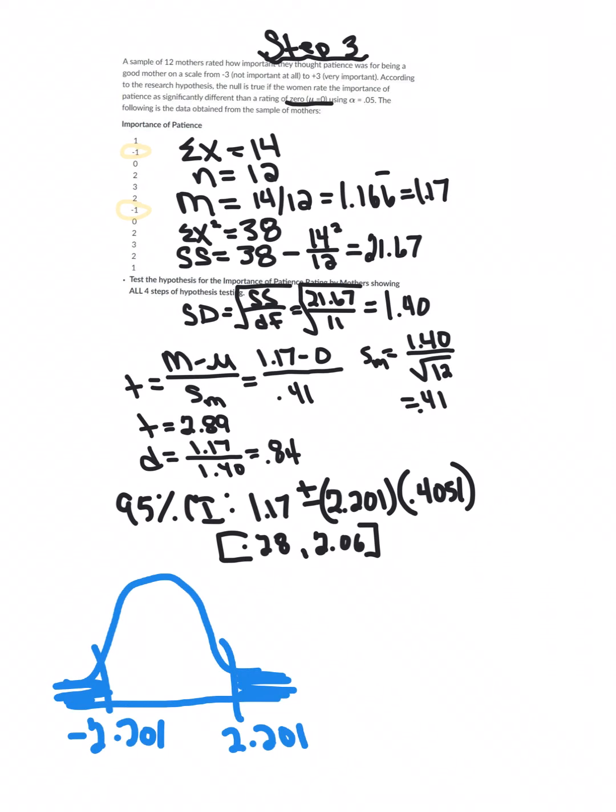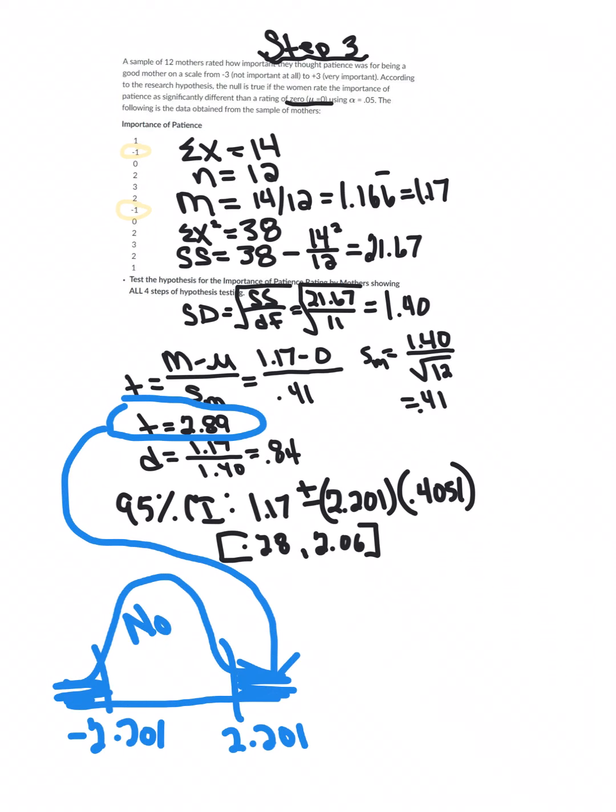That's why we do the confidence interval, to see, okay, are we really significant? We take this 2.89, it's positive, so we know it fell way over here. This is where we know it's significant, because in this area it's not significant. Anything on the outsides is significant.